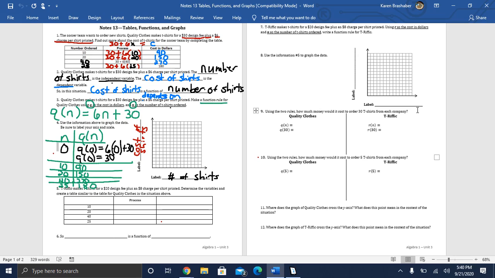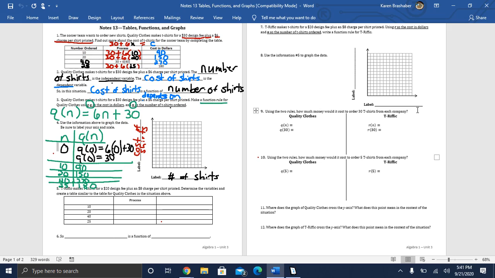So the other thing that we'll have to take into consideration as we do this graph is the scale that we're going to use. We can see that our number of shirts is staying in numbers that we couldn't count by ones. We don't have enough squares to go up to 40 by ones, but we could use a fairly low scale.